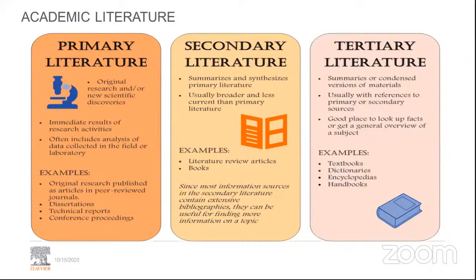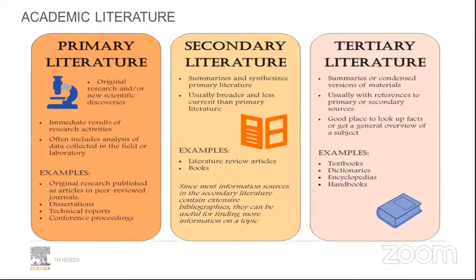The secondary literature also has many examples like the literature review articles and the books. Then comes the tertiary literature. The tertiary literature is a broader reference, a summary or a condensed version of a topic.